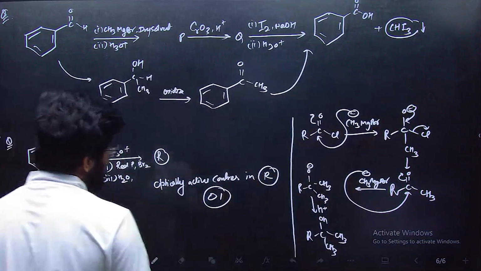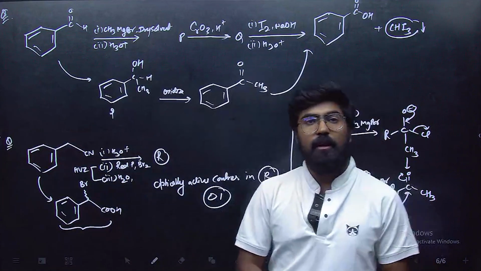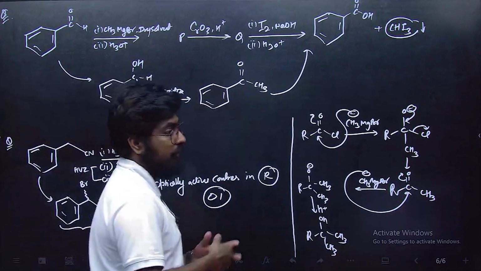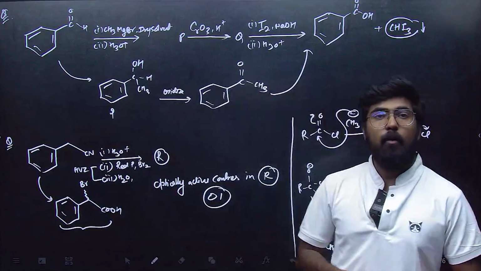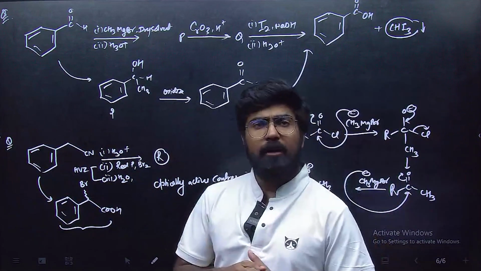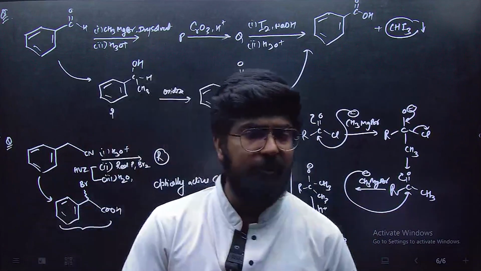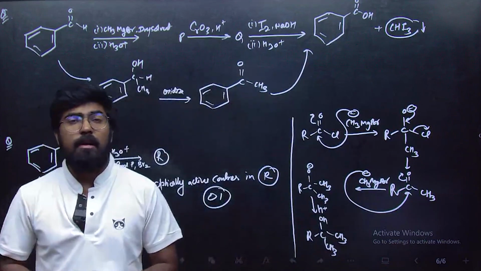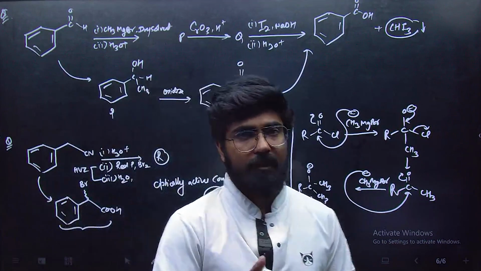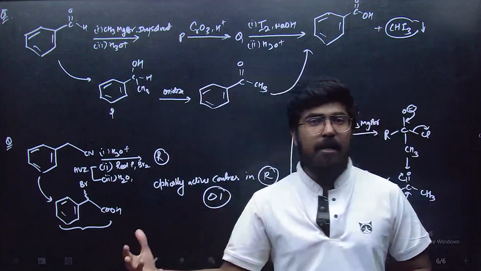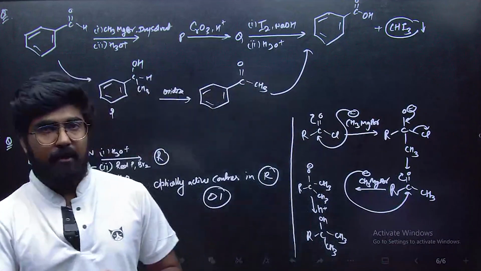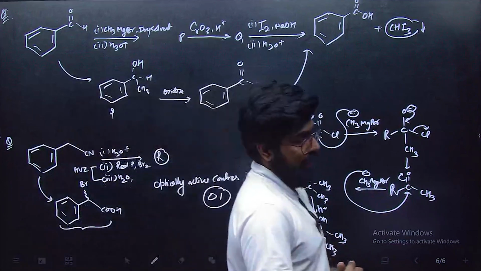So all right, guys, this was all about aldehydes, ketones and carboxylic acids, important reactions which we must understand and must know before jumping into the exam directly. Now, there are a few important methods of aldehydes, ketones, carboxylic acids that are left, but why they are left, you know the answer, because we are going to cover those in the next chapter, that is amines, right? So in amines, we will cover all those left-out reactions that you might not have studied in the lectures up to now.